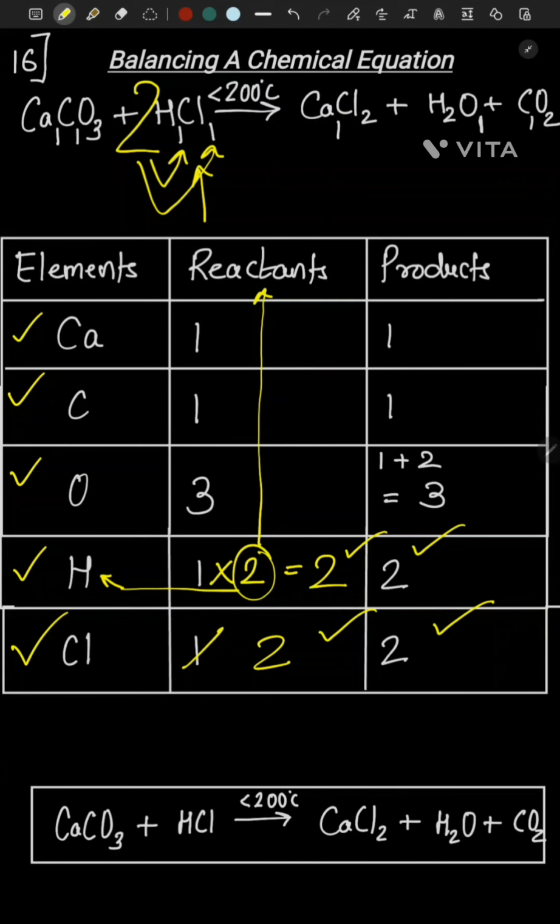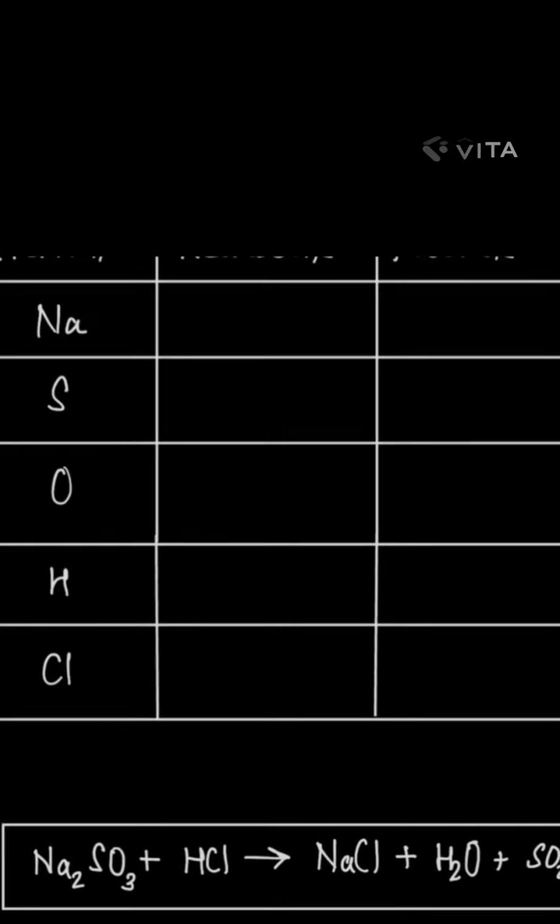So what is my final coefficient? That is CaCO3 + 2HCl → CaCl2 + H2O + CO2. Hence the reaction is balanced.